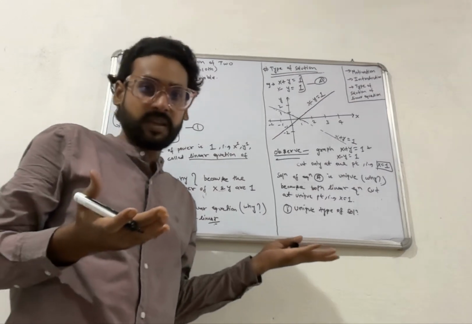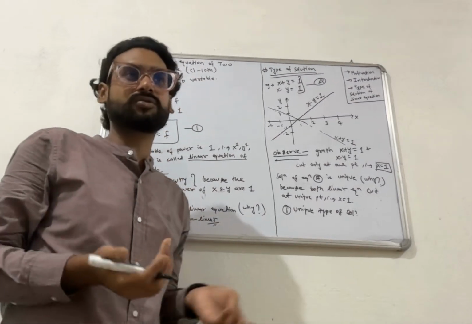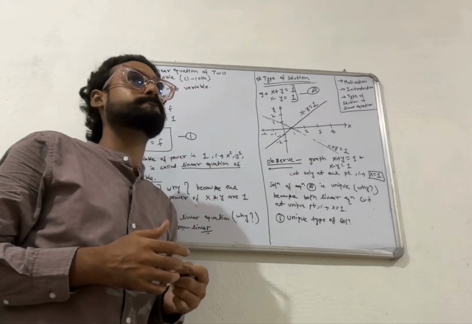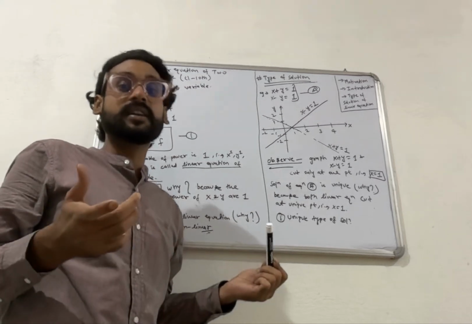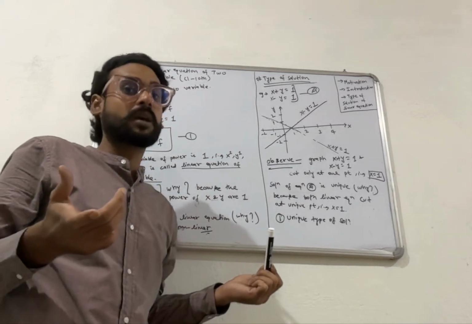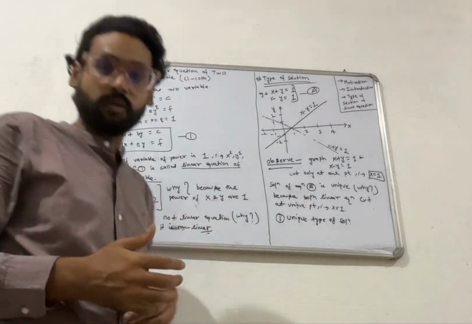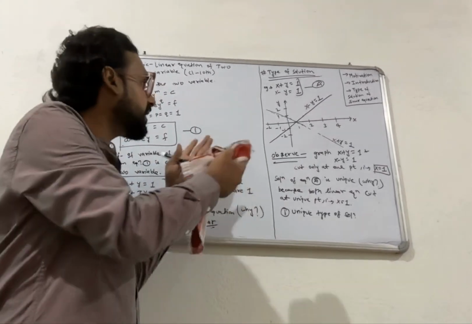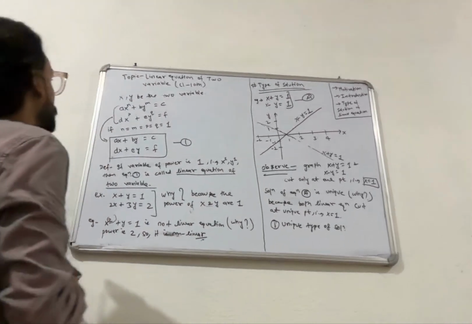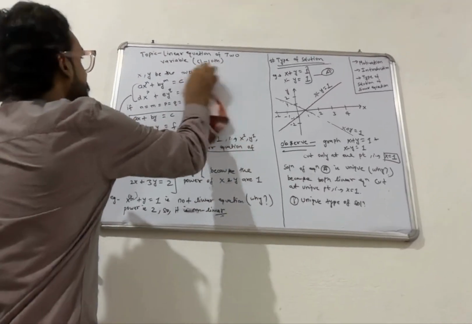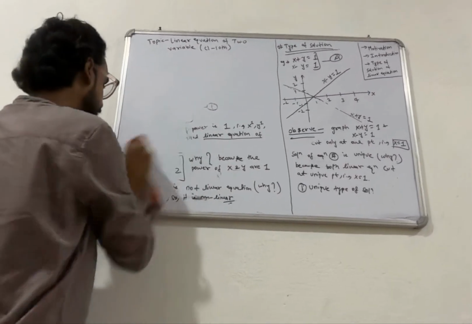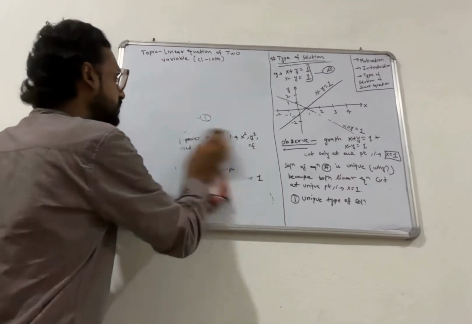Okay, there are many ways to see it, like Cramer's rule, and the matrix method. But let us stick to the graph part. Okay, so next I have another type of solution.